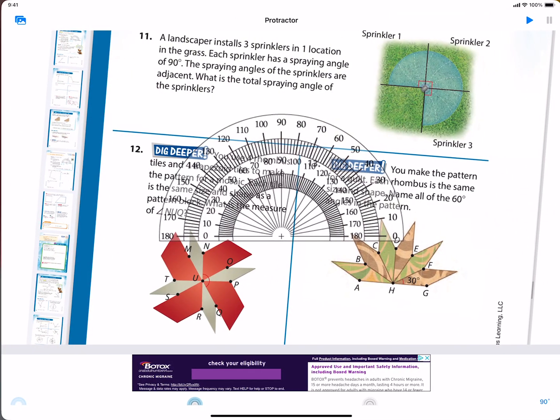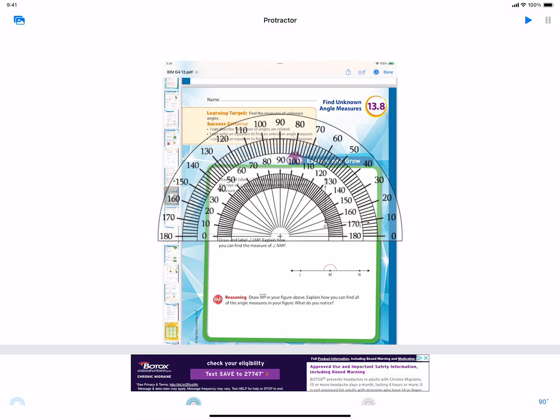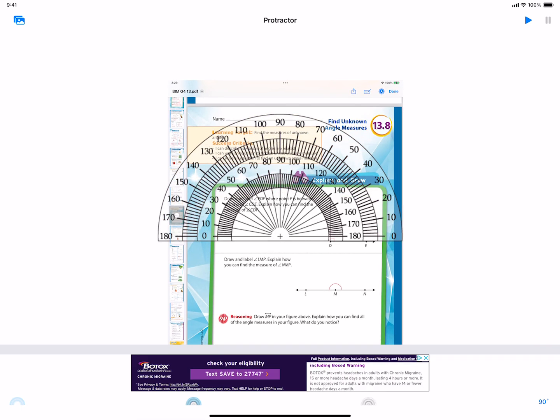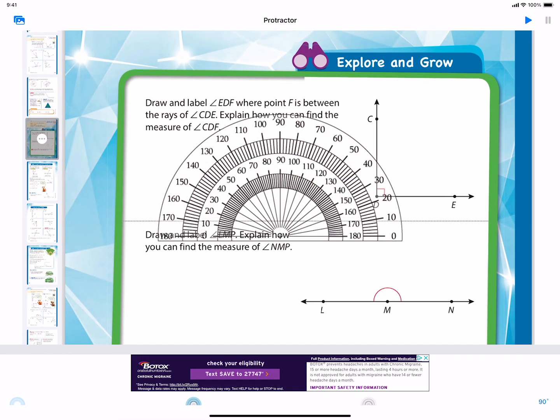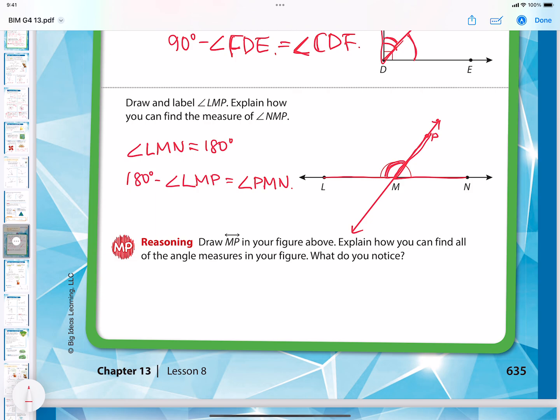Okay, so I want to use this protractor. And do you remember like before I told you, oh yeah, we can't forget, I cannot write anything on the protractor app. So I said the opposite angles are equal.